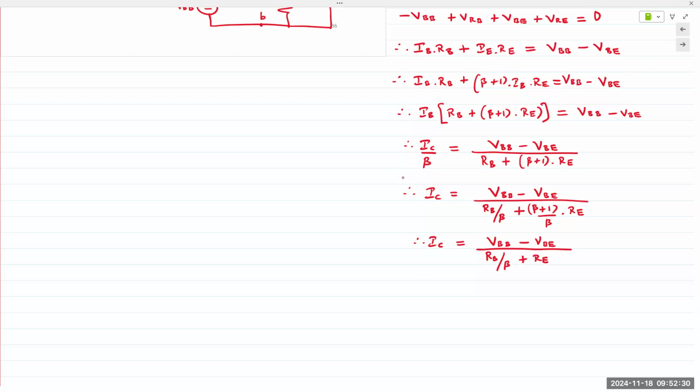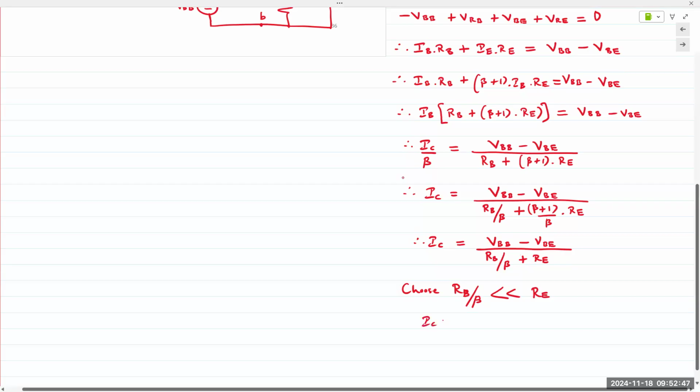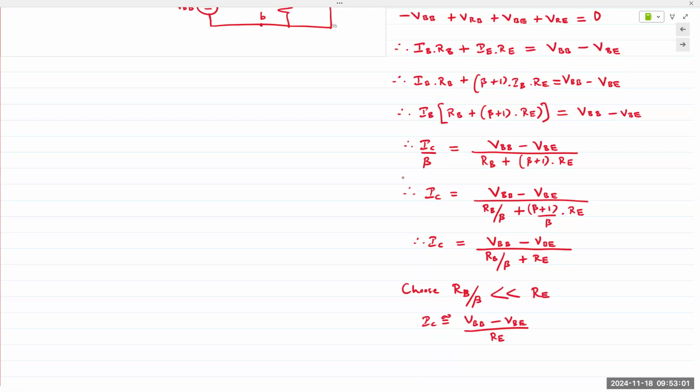So now we have a single value of beta, but if we choose RB over beta to be much less than RE, then our IC is approximately equal to VBB minus VBE over RE. There will be a slight variation. Of course, we cannot completely neglect that term, but we can minimize the effect. Okay, that is the whole point.